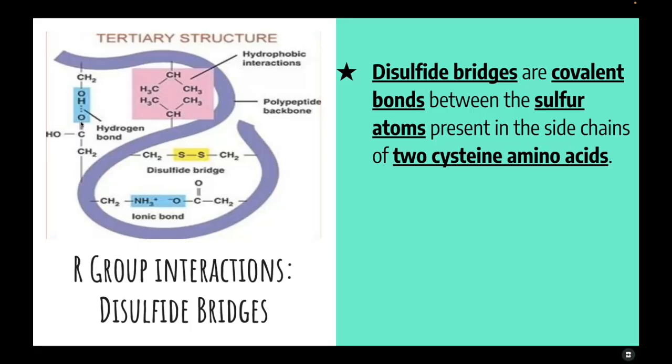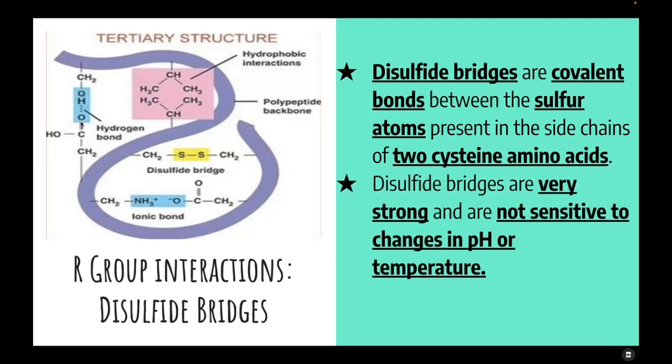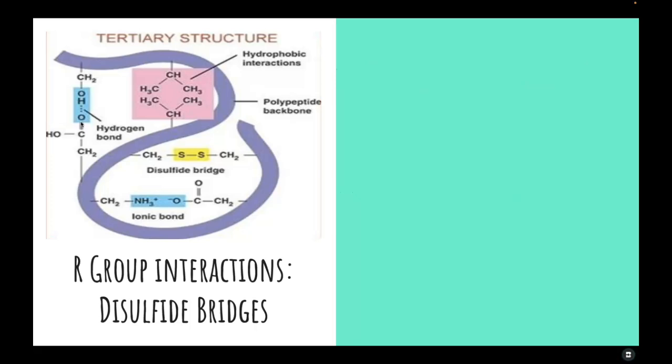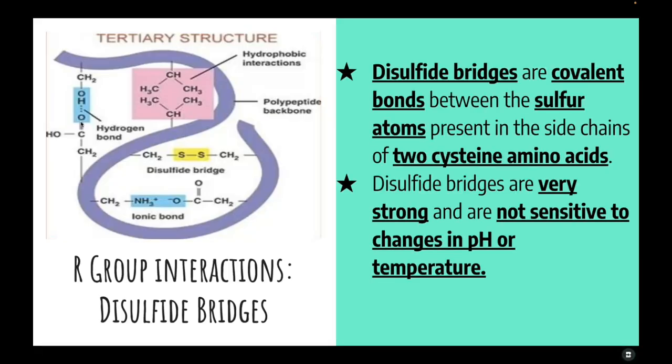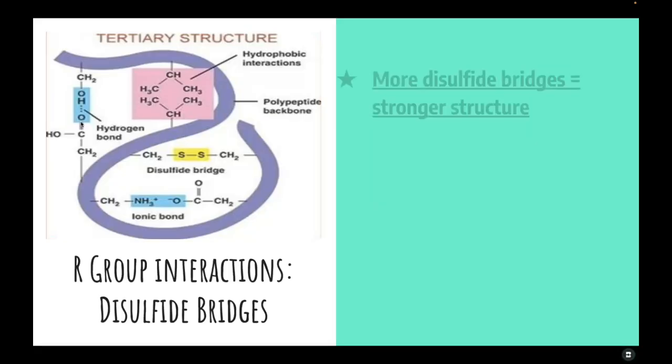These are strong covalent bonds between cysteine amino acids. For example, between sulfur atoms present in the side chains of 2 cysteine amino acids. These bridges are very strong and not sensitive to changes in pH or temperature. So the more disulfide bridges, the stronger the structure, because they're super strong and can't be broken down by changes in pH and temperature.